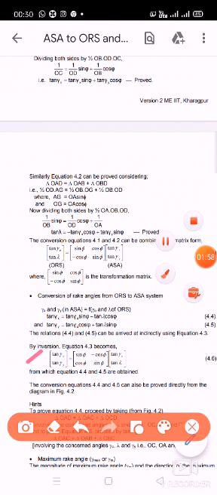Just this sign will be changed, plus cos phi, minus cos phi, and here minus cos phi, plus cos phi. So from this matrix you will get these two equations.